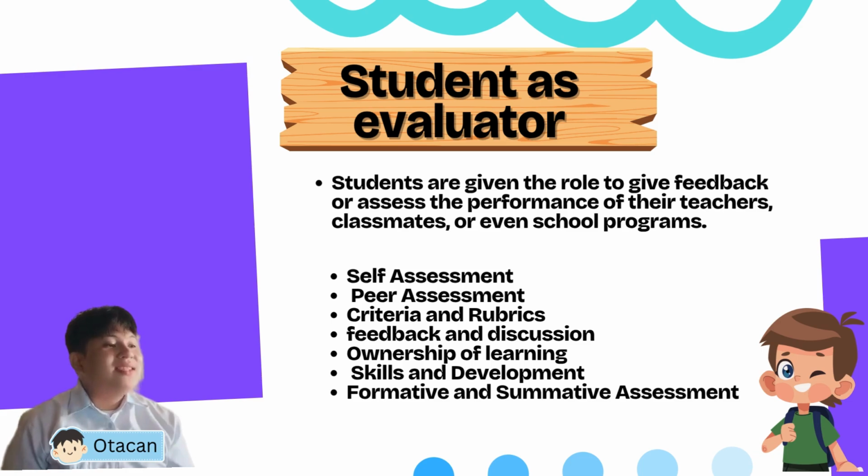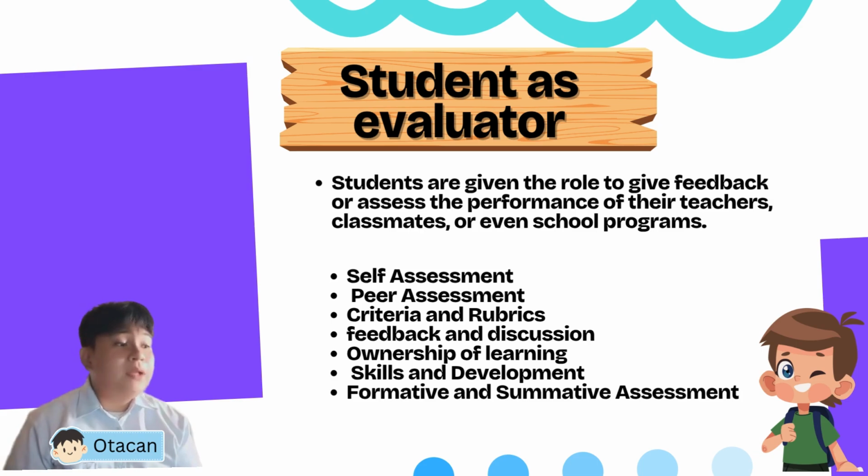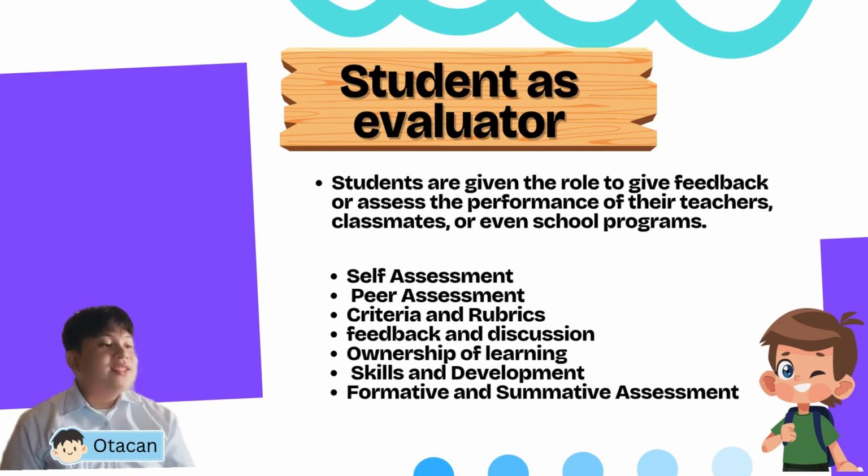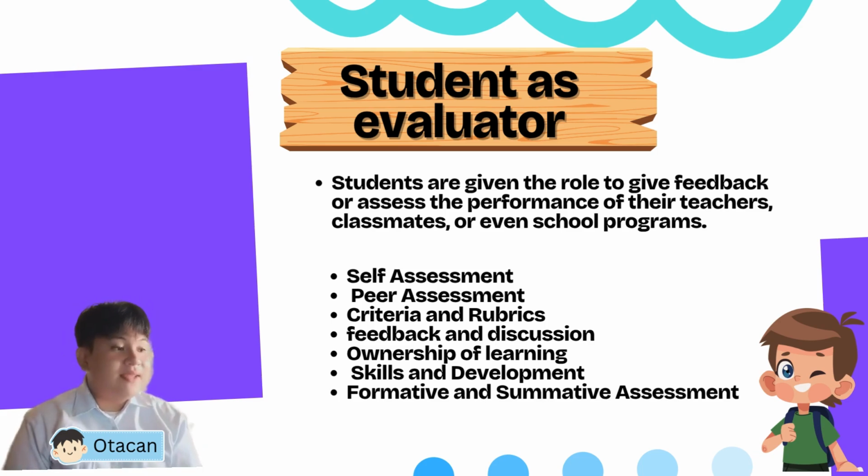So the next one is skills and development. This focuses on developing both academic and life skills like communication, teamwork, and critical thinking. So the example of this is through repeated evaluation, students become better at analyzing and improving creative work. So the next one is formative and summative assessment.